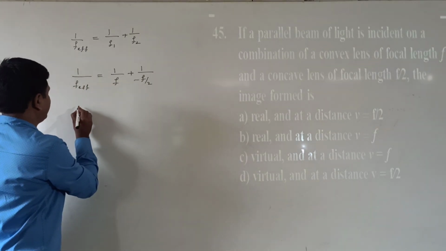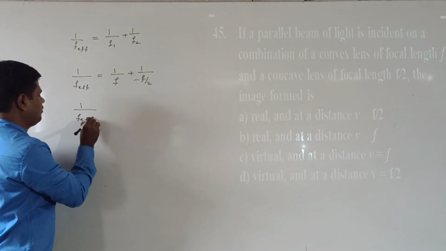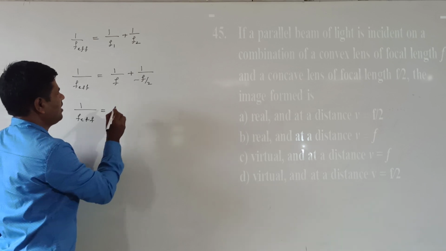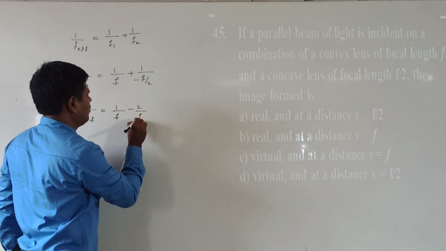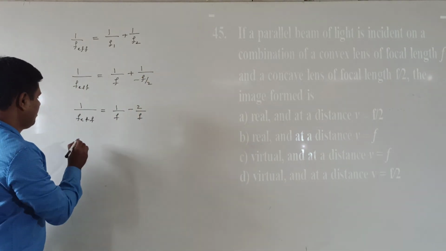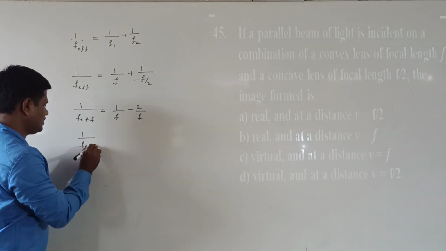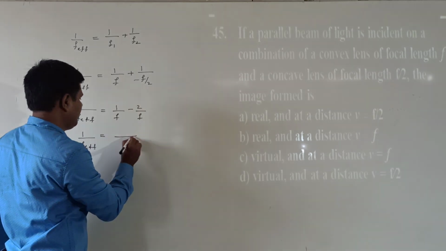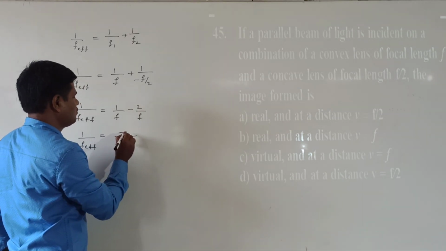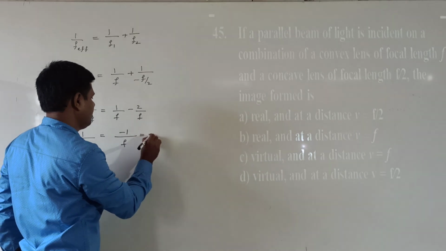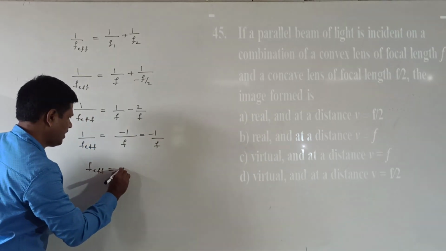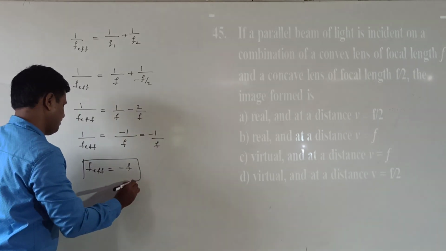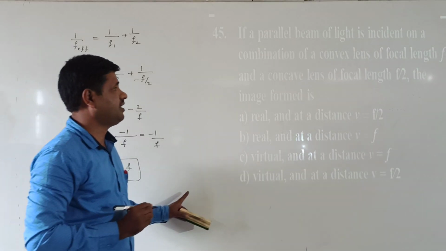When I calculate, 1 by f effective is equal to 1 by f minus 2 by f, with 2 coming into the numerator. So 1 minus 2 is minus 1, giving minus 1 by f. So f effective is equal to minus f. Right, this is what we get for f effective.